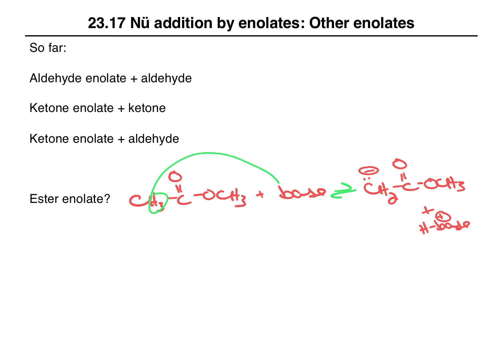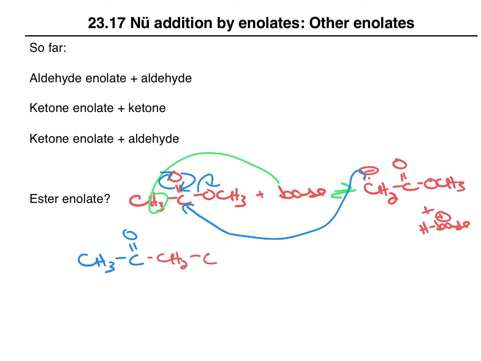Now, a few different things can happen. We saw in the overview part of this chapter that this enolate could potentially add to the ester itself, and this would go back up, back down, and out, so we would be doing nucleophilic acyl substitution. And that could lead to some of this product.